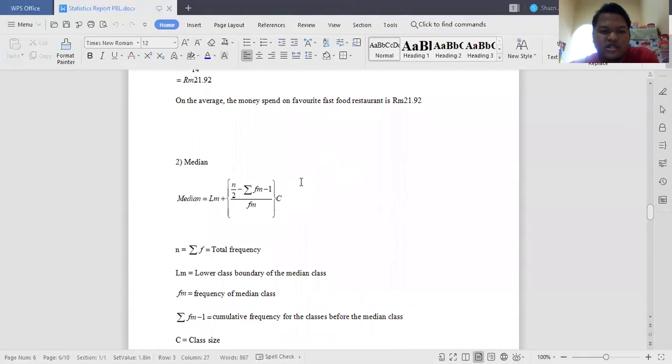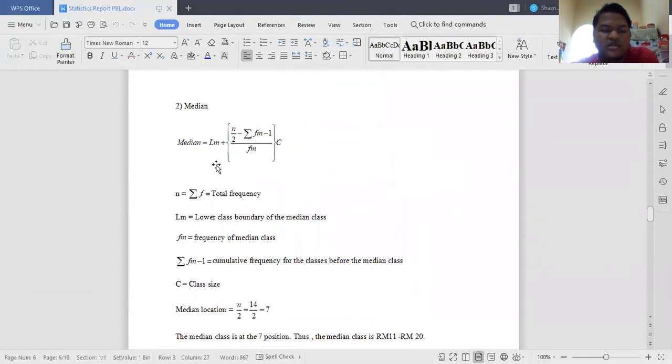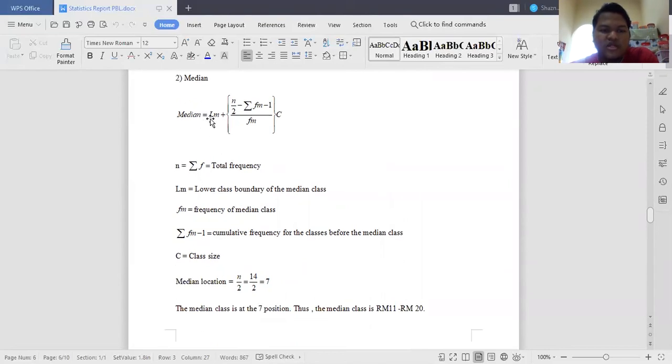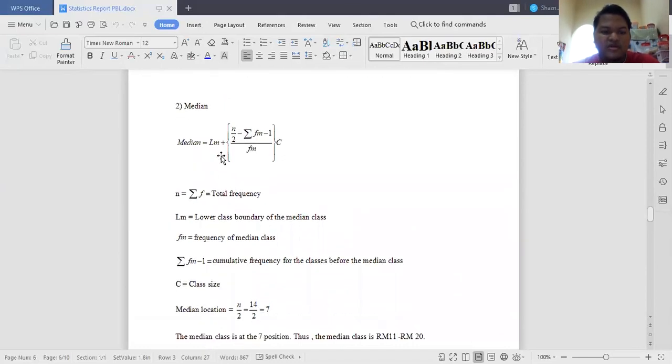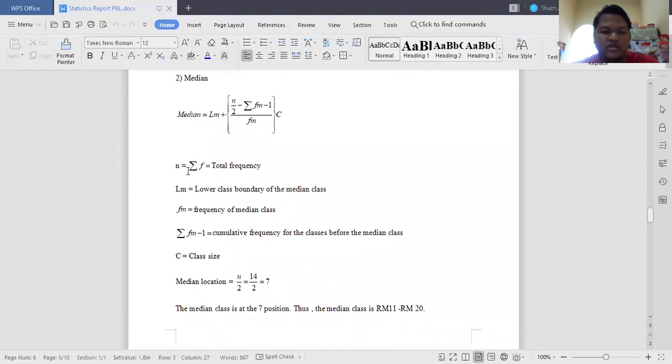The second is median. Median is equal to Lm plus n over 2 minus Fm minus 1, over Fm, multiplied by C. This is the meaning of the symbols. n equals total frequency.